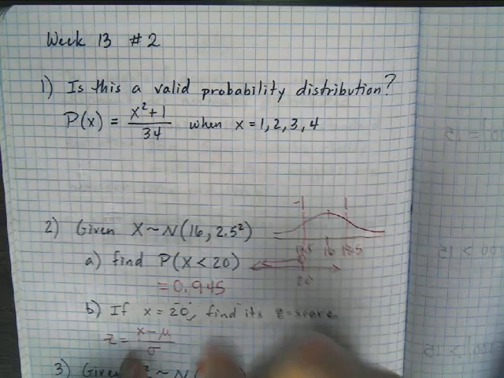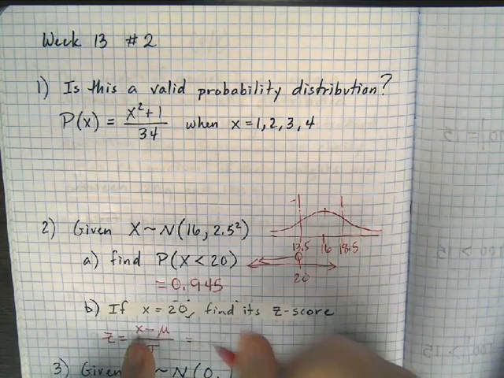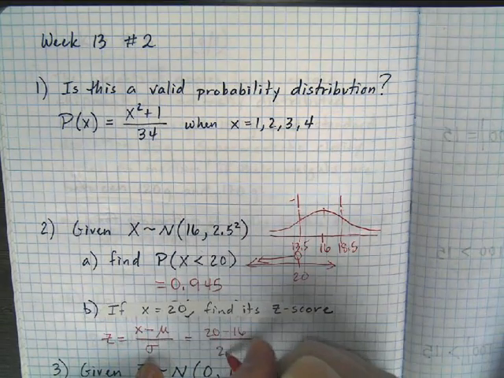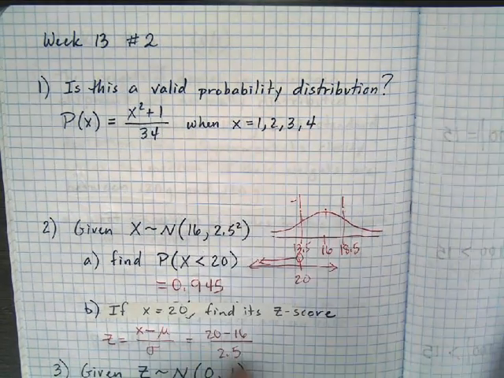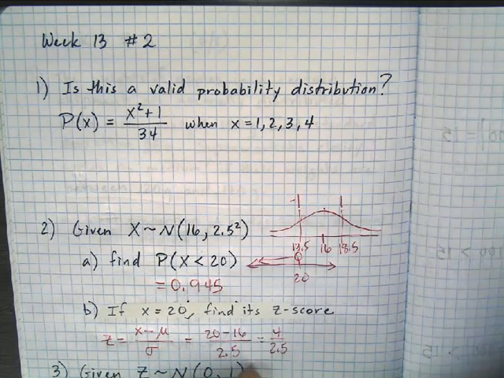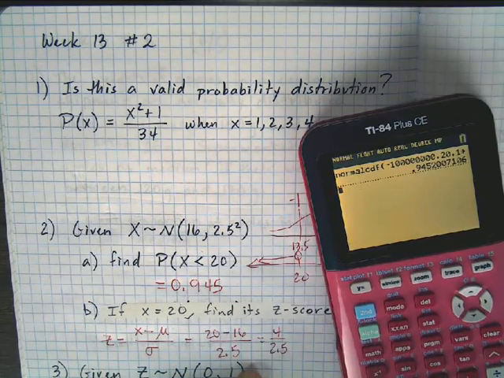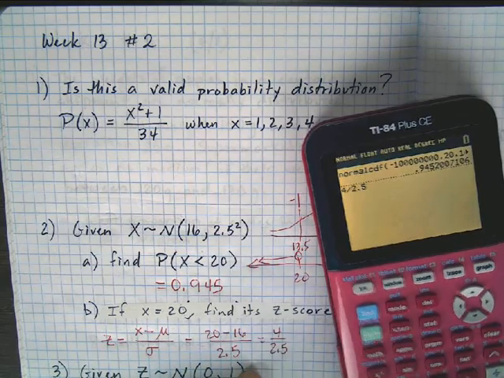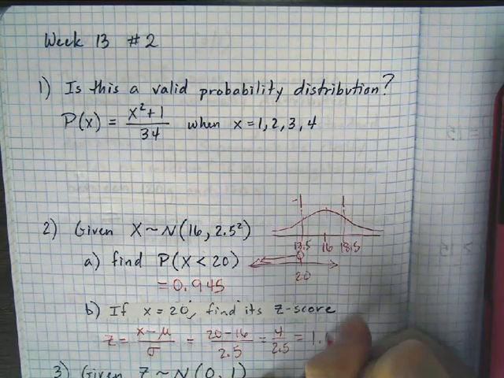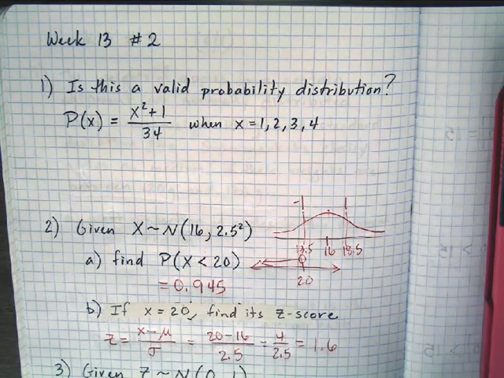So x is 20, the mean is 16, and I'm dividing by the standard deviation, 2.5. That gives me 4 over 2.5. I'll use my calculator for that. 4 divided by 2.5 gives me 1.6. So my z-score is 1.6.